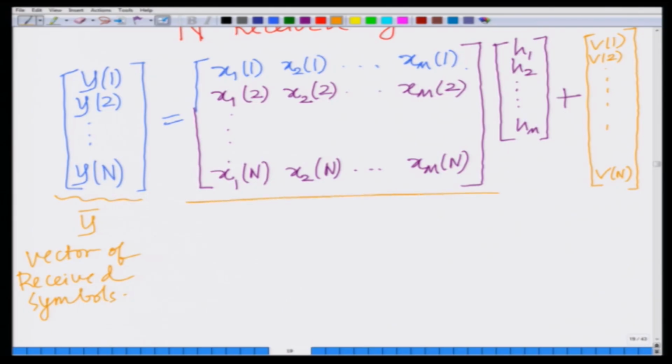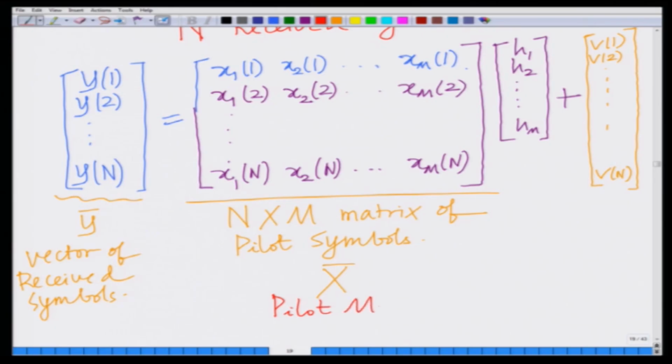What is this? This is an n cross m matrix of pilot symbols. Let us denote this by x bar. This is now your pilot matrix. And look at this, in this pilot matrix, each row corresponds to a particular time instant.